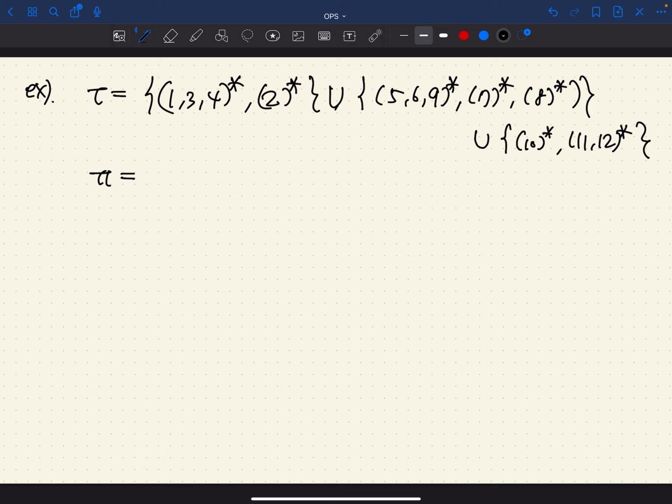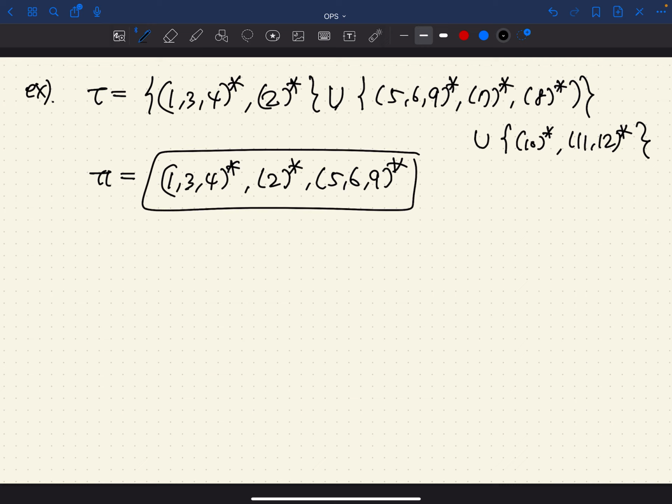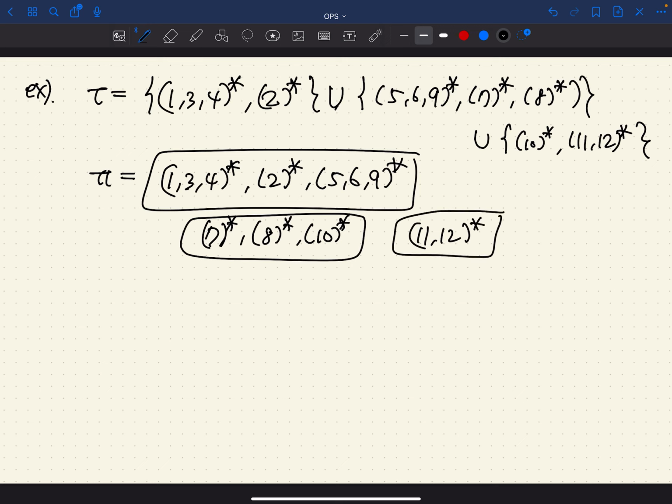I'm gonna collect 1, 3, 4, 2, 5, 6, 9 in one block, and 7, 8, 10 the second block, and 11, 12 in the third block.